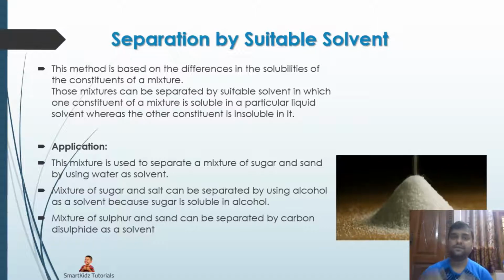So let's say if we mix sugar and sand together, and that mixture we dissolve in water. Now, if we stir that mixture of sugar and sand in water, we can be sure that the sugar that is present between the sand will surely dissolve.